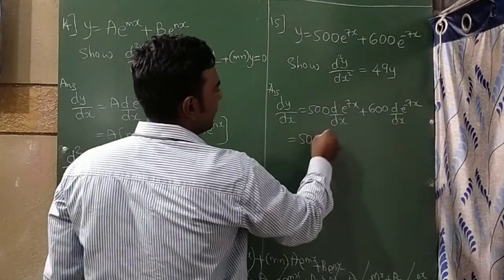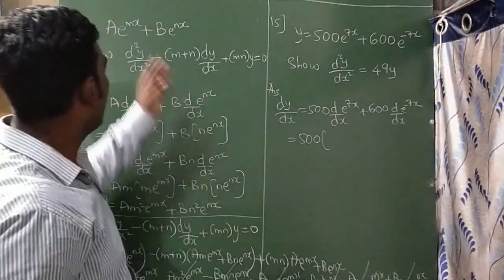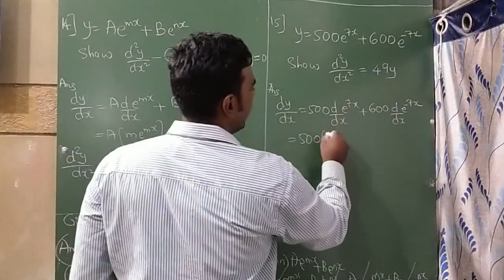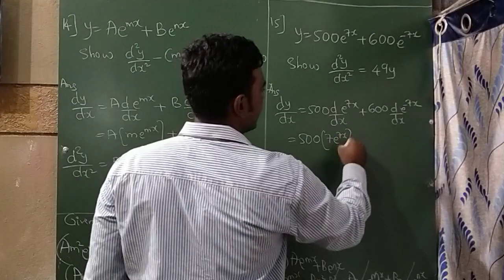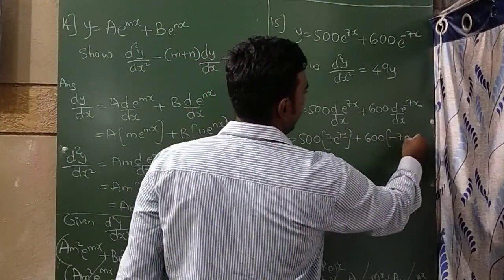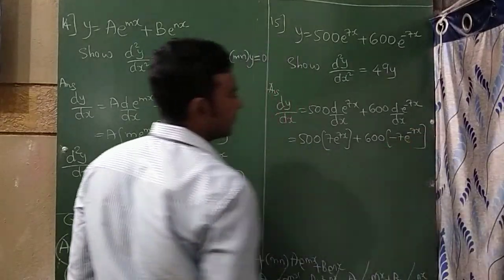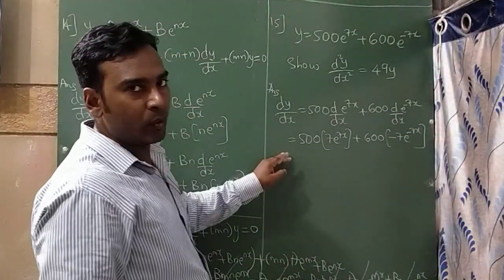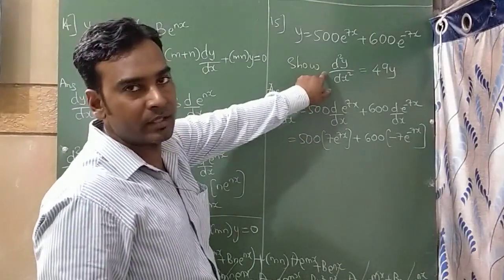So 500, as I have solved here m and n values, same type. Here the number is 7. So 7 e raised to 7x plus 600 minus 7 e raised to minus 7x. Fine. Now I need to differentiate one more time since I want this one.